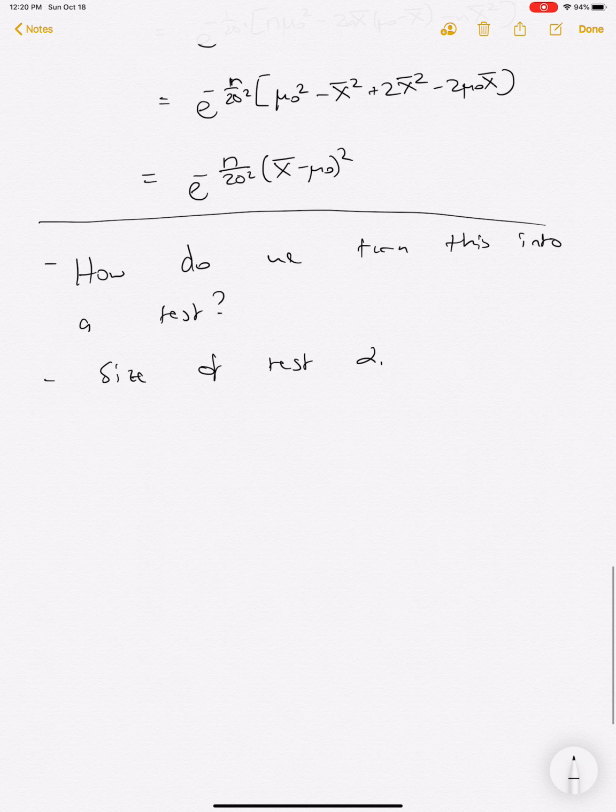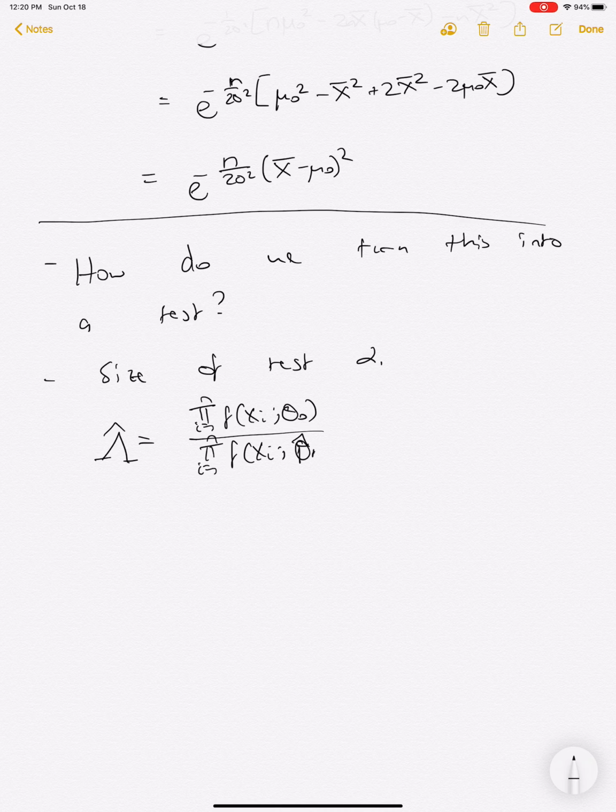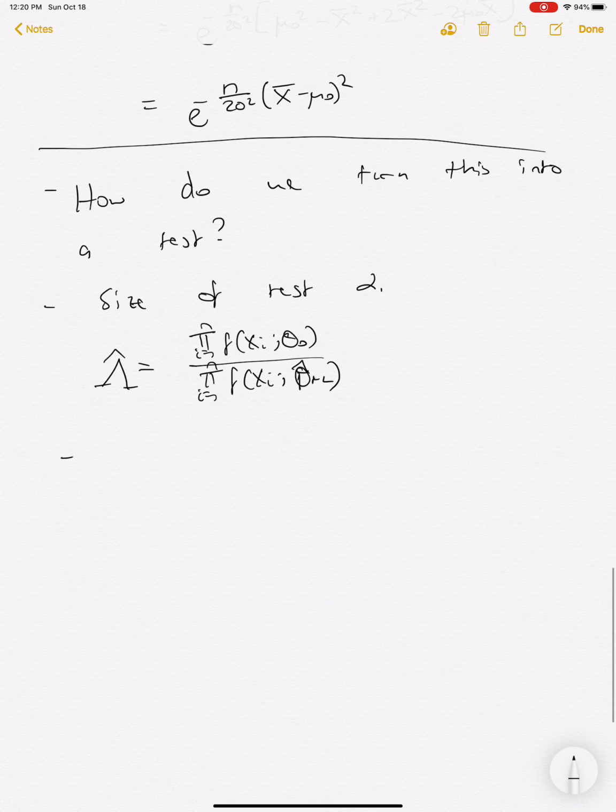And the other thing to remember is that this is a likelihood ratio, so a likelihood that favors theta 0 as opposed to the alternative is going to be more favorable to the null.